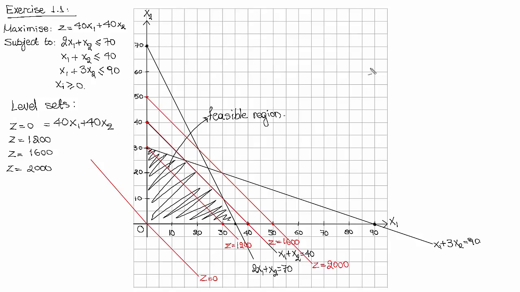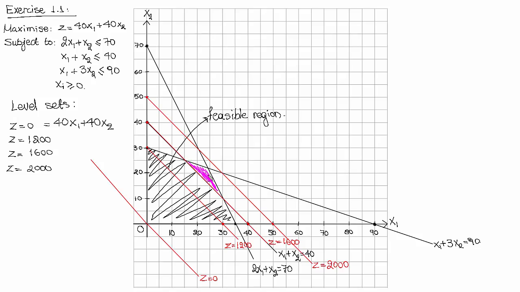Now, to find the corner point that gives us the optimal solution, we need to look at the last level set that is part of the feasible region and the level set that just left the feasible region. Say, for example, if this area was part of our feasible region, then we would look at the level set z equals 1600 and the level set of z equals 2000.